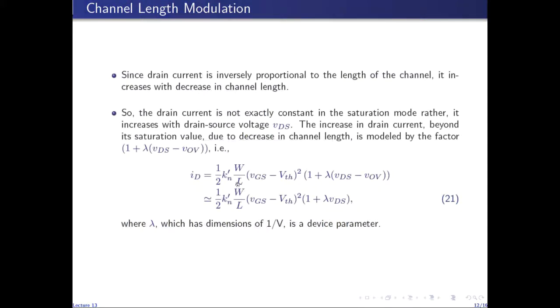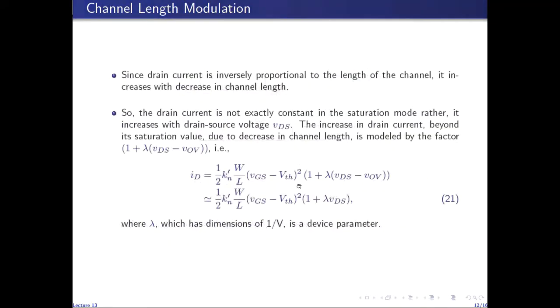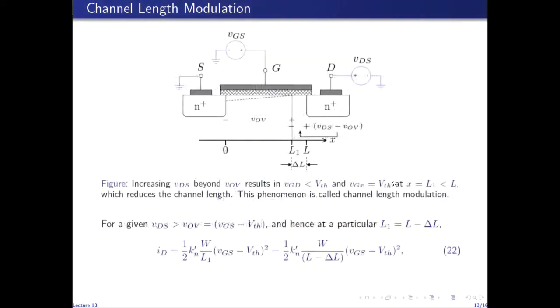The only difference is that here we keep L the same and include the same effect by the decrease in channel length with this term. But here, instead of using that term, I have actually reduced the length of the channel. I have done so to show you why lambda is inversely proportional to the length of the channel.